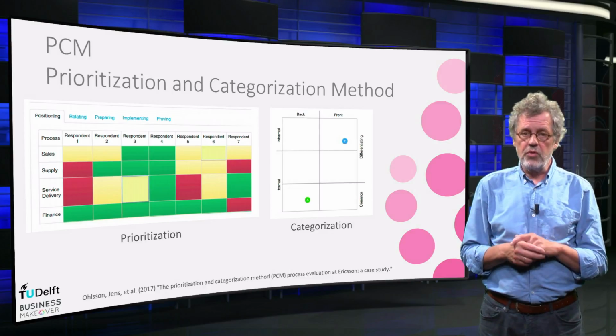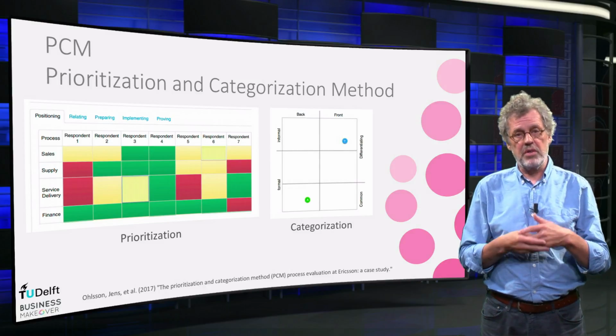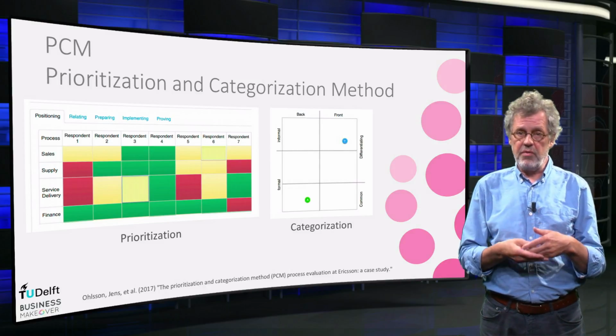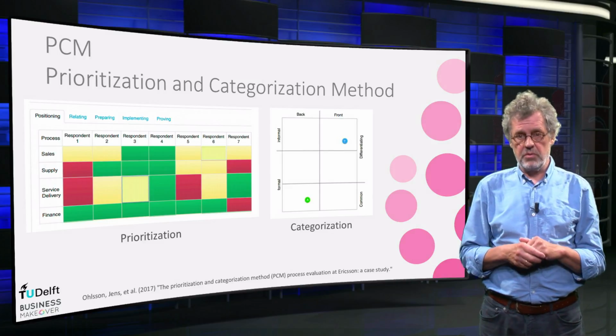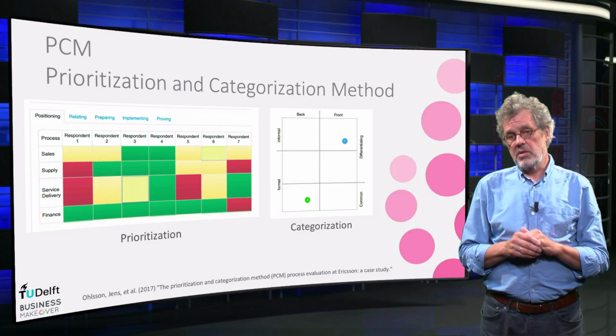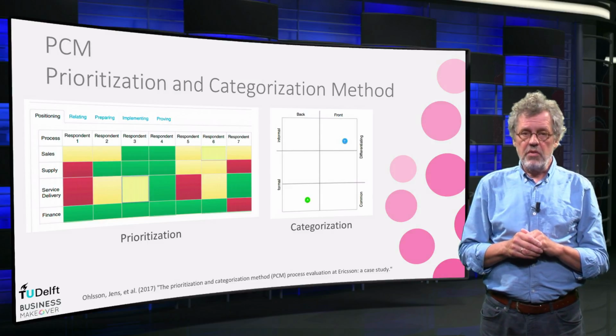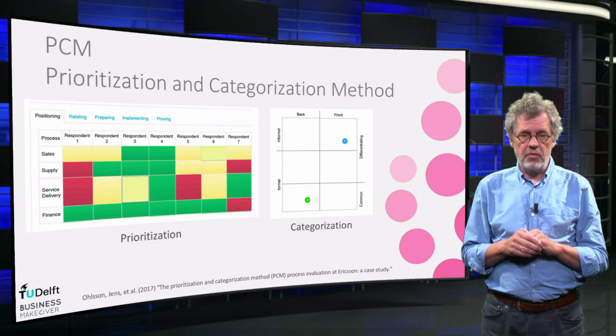For instance, Olsson developed a prioritization and categorization method to diagnose the processes in terms of effectiveness, efficiency and relevance against certain contextual business and industry factors. He applied this approach in large companies like, for instance, Ericsson. These types of approaches and methods are often heavyweight and focus on individual firms.